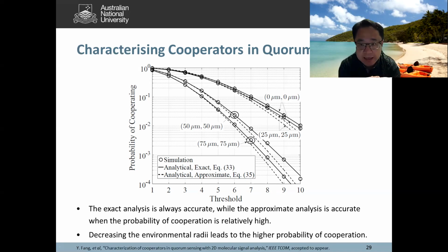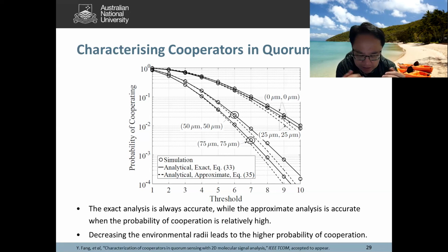So in summary, in this work, we try to extend the concept of cooperative molecular communication, in which we consider the quorum sensing scenario. In this scenario, each bacterium acts as a point transmitter, as well as a passive receiver, which can recapture the released molecules.